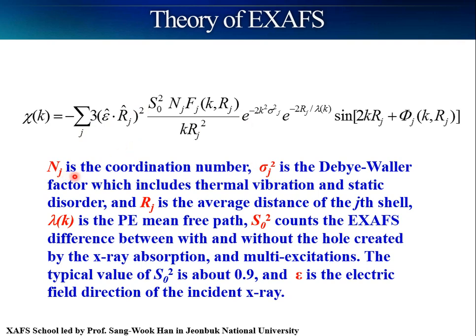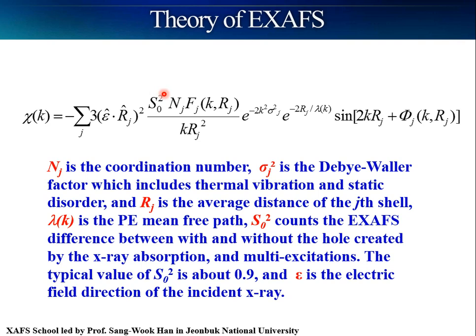N is the atomic coordination number, and sigma squared is the Debye-Waller factor, which includes thermal vibration and static disorder. And R_j is the average distance of the j-th shell, absorber-scatterer pair, like that. Lambda, get this, the lambda is the photoelectron mean free path.